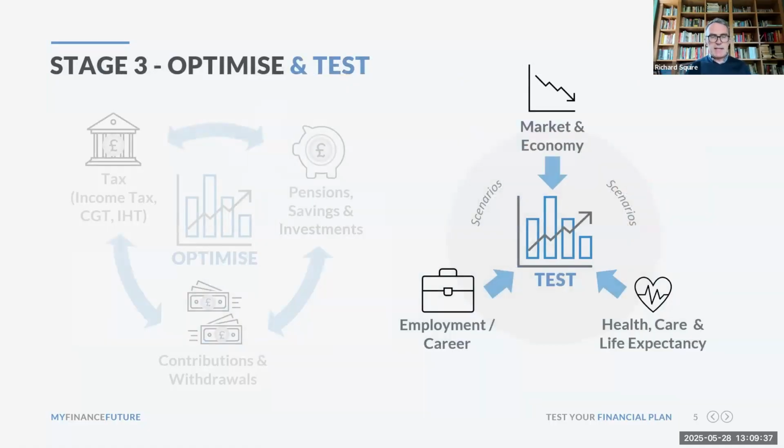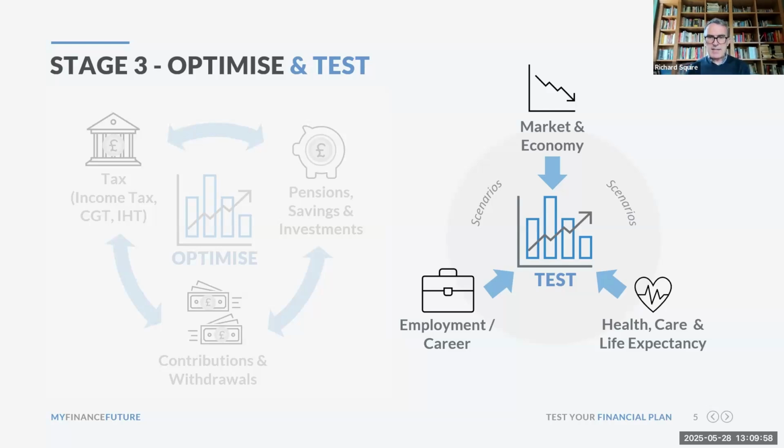So to look at that stage in a little bit more detail, we covered the Optimise part, which is really around making your plan more tax efficient and improving the overall financial outcome to some extent, in the last call, and we'll cover it again later. We're not going to cover this at all today.